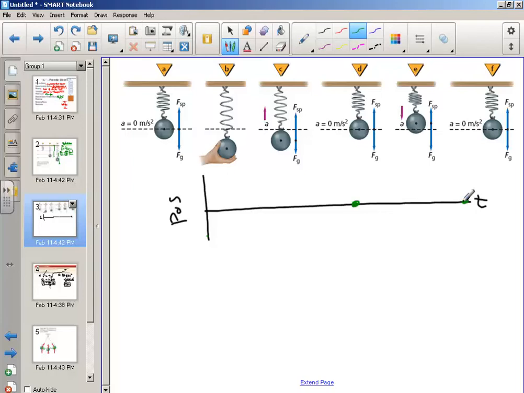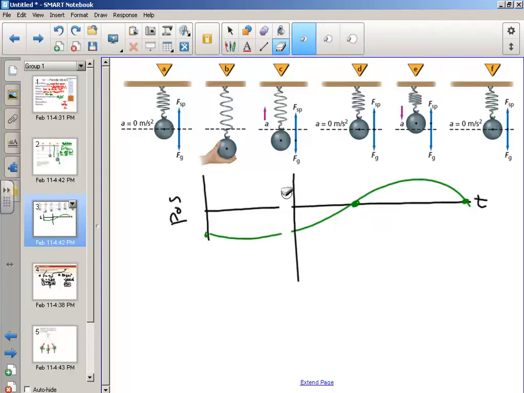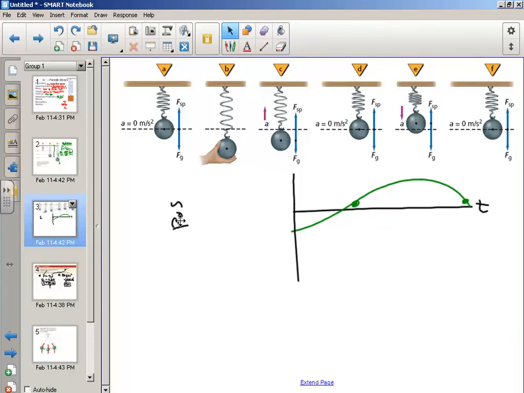So it's kind of sinusoidal. So actually what I think I'm going to do is start it right here. I'll start my timer right here. Now I'm going to make a velocity versus time graph.